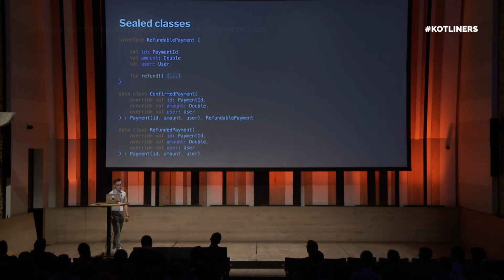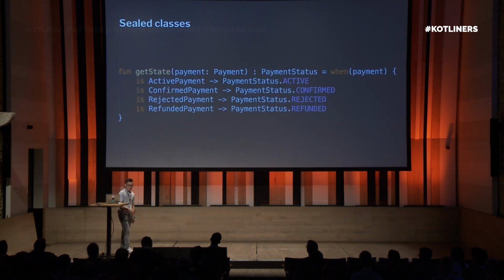And then you probably will need to store the state of the refunded payment, which is also shown as an example. Let's say at some point you will need to understand what state it is. And here is another thing why I love sealed classes: you don't have to implement any else.